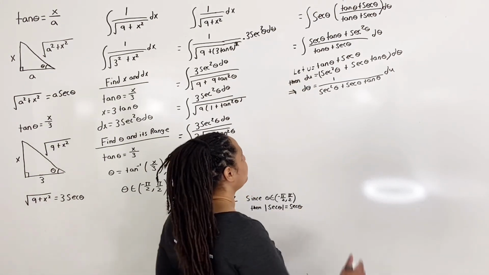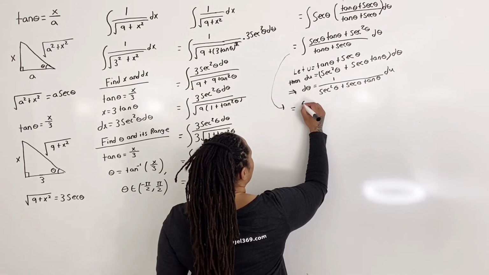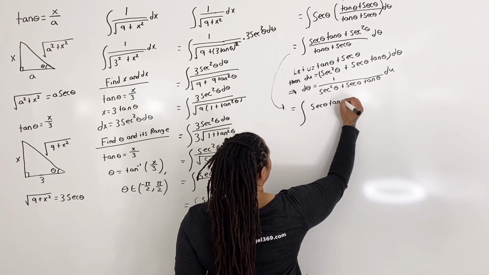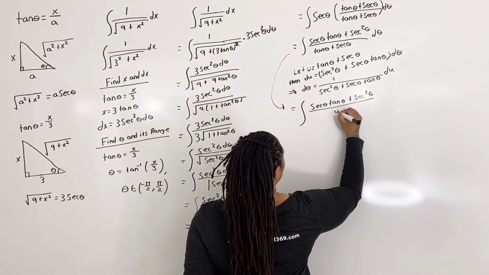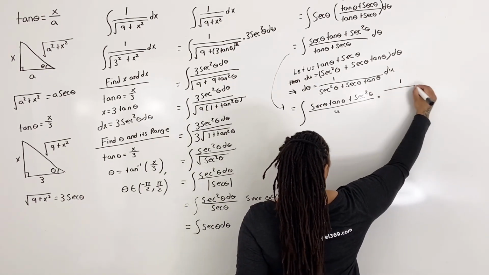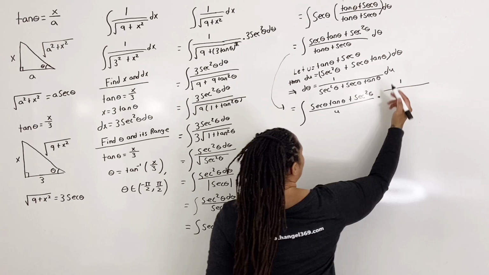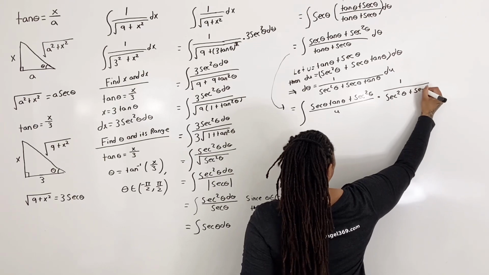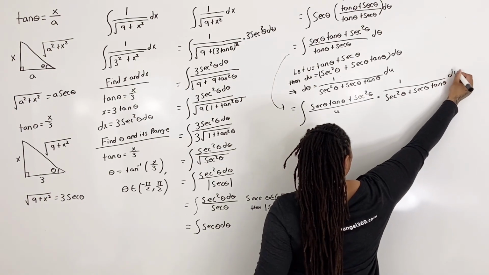So we have that this is equal to the integral of secant theta tan theta plus secant squared theta divided by u, multiplied by 1 over secant squared theta plus secant theta tan theta du.